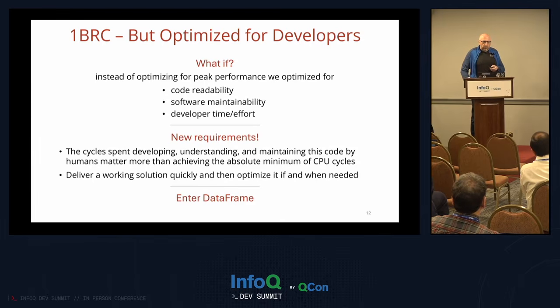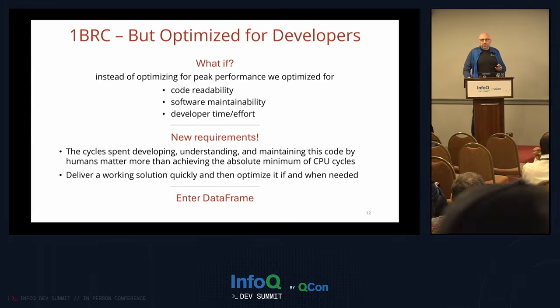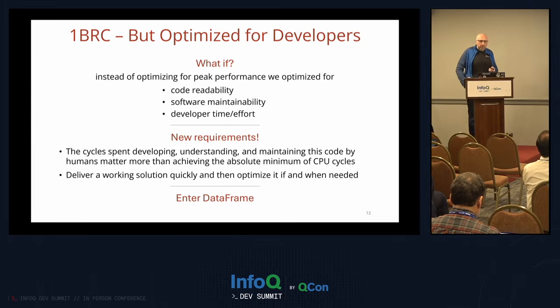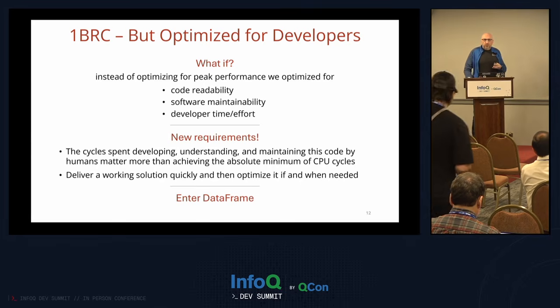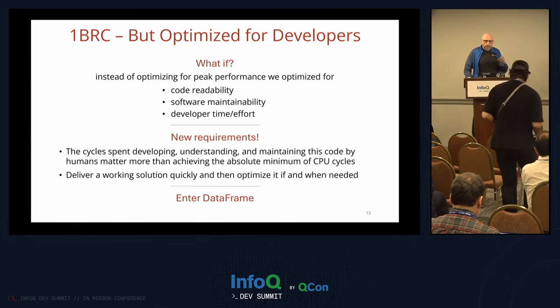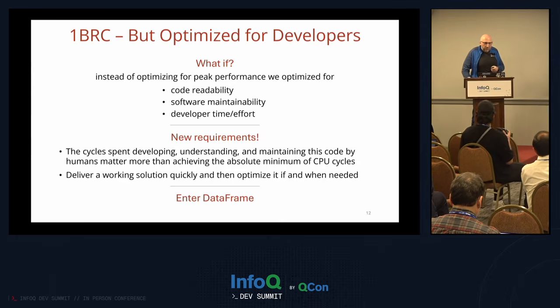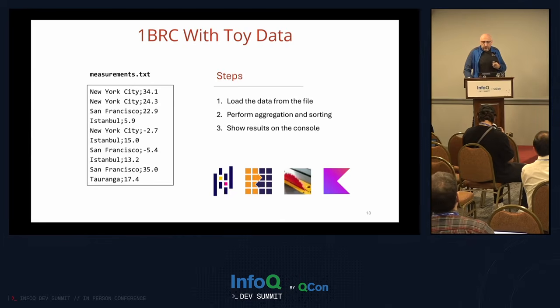But in a real life scenario, we don't necessarily want to squeeze every CPU cycle out of our solutions. We want to optimize for things like maintainability, developer time, time to market. So what if we flip our requirements and focus on achieving those metrics? Let's throw in DataFrame.